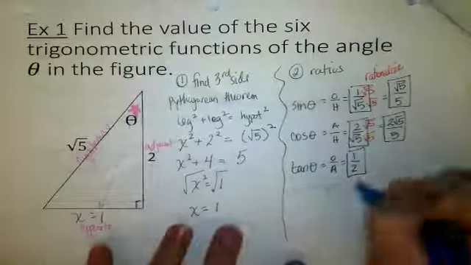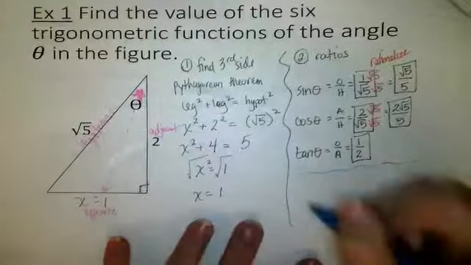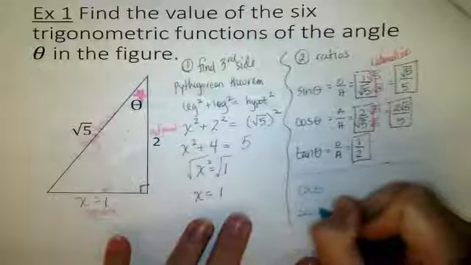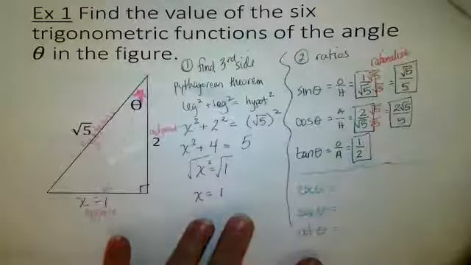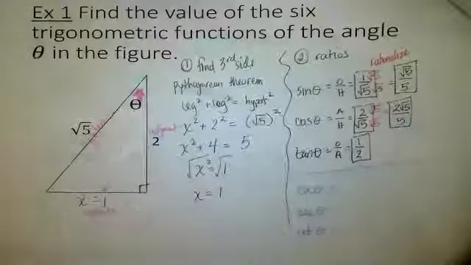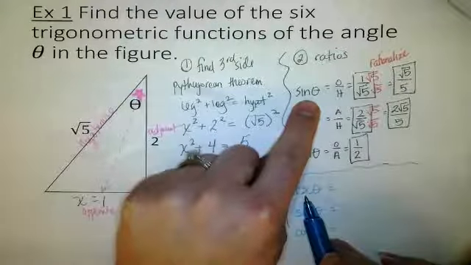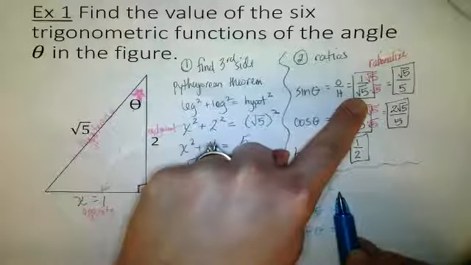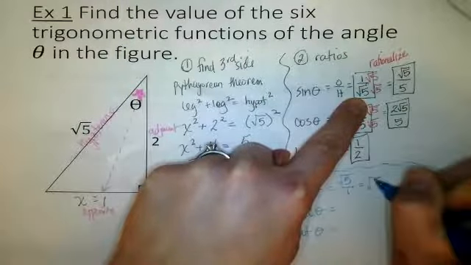Once I have those, the big 3, getting the other functions is super easy. Cosecant theta, secant theta, and cotangent theta are just the reciprocals. Cosecant is the reciprocal of sine. So we're just going to flip our fraction. 1 over radical 5 is going to flip and become radical 5 over 1, which is just radical 5.